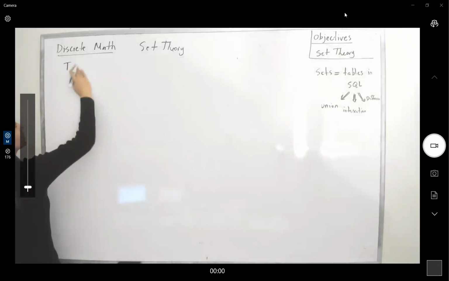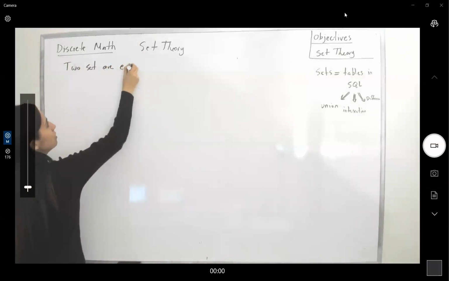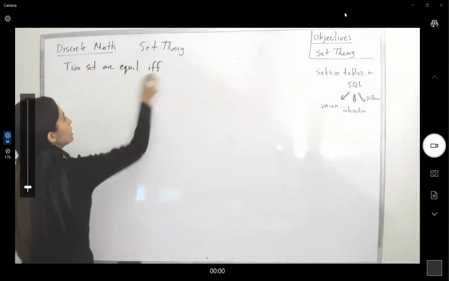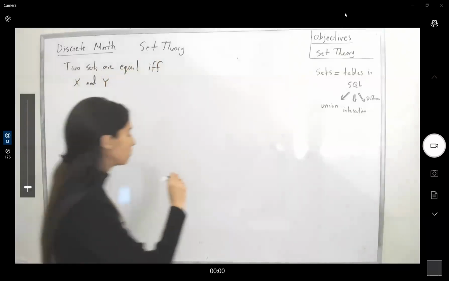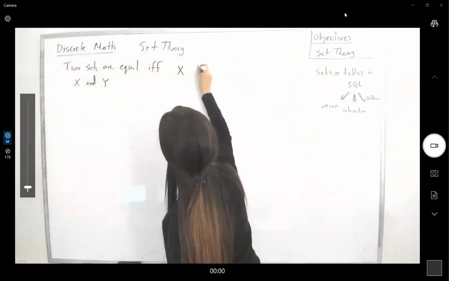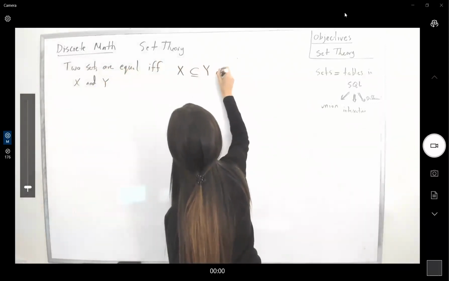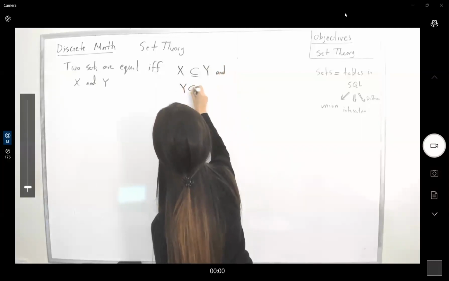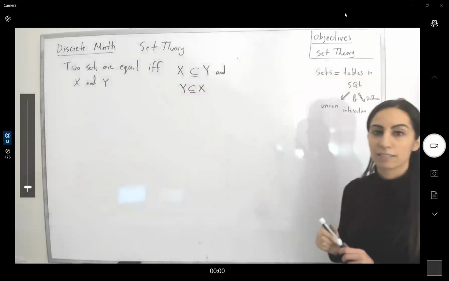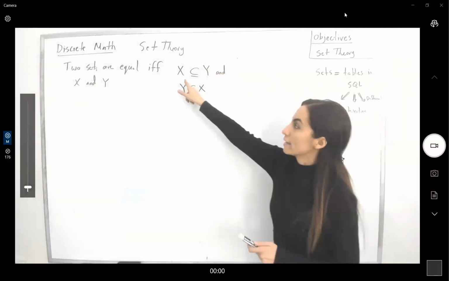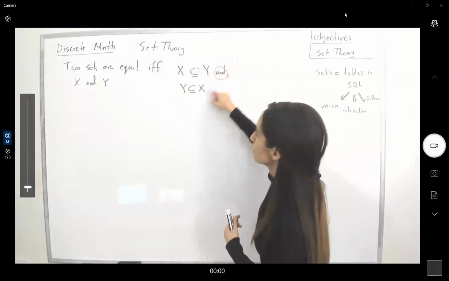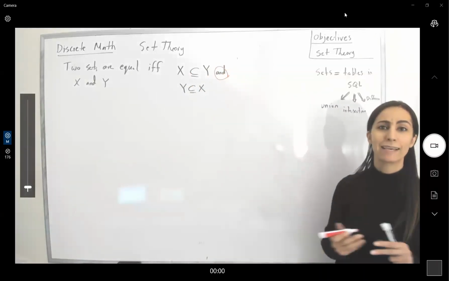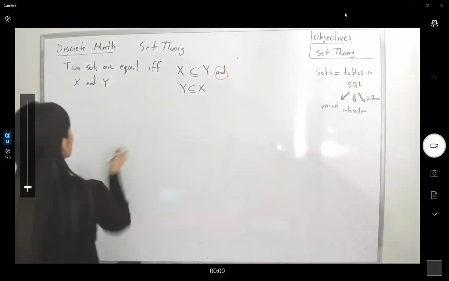Two sets are equal if and only if, suppose you have two sets, X and Y, X is a subset of Y and at the same time Y is a subset of X. If X is a subset of Y and Y is a subset of X, then for sure you can say that these two sets are equal to each other.